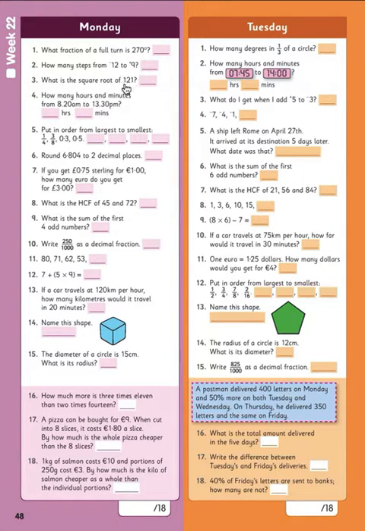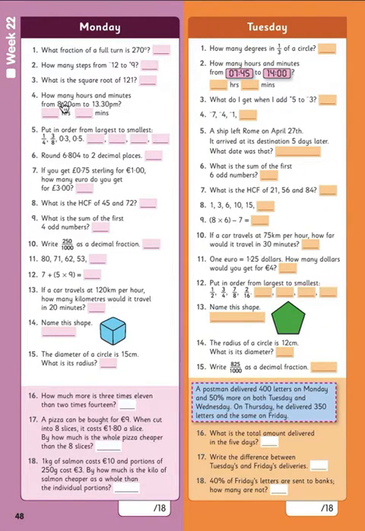So for example, if this was find the square root of 100, I would know that the answer is 10. The square root is 10 because 10 by 10 makes the square number of 100. So 121 is a square number. It was made by multiplying the same number together twice. So what is that number?